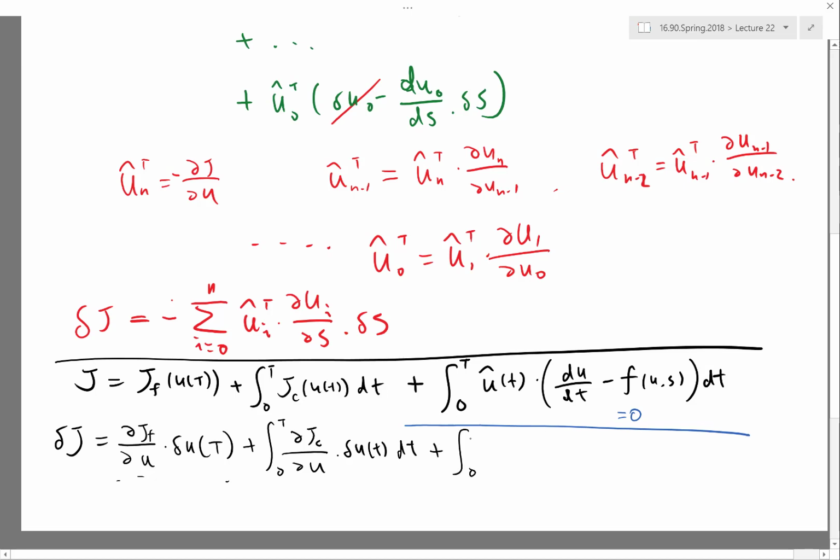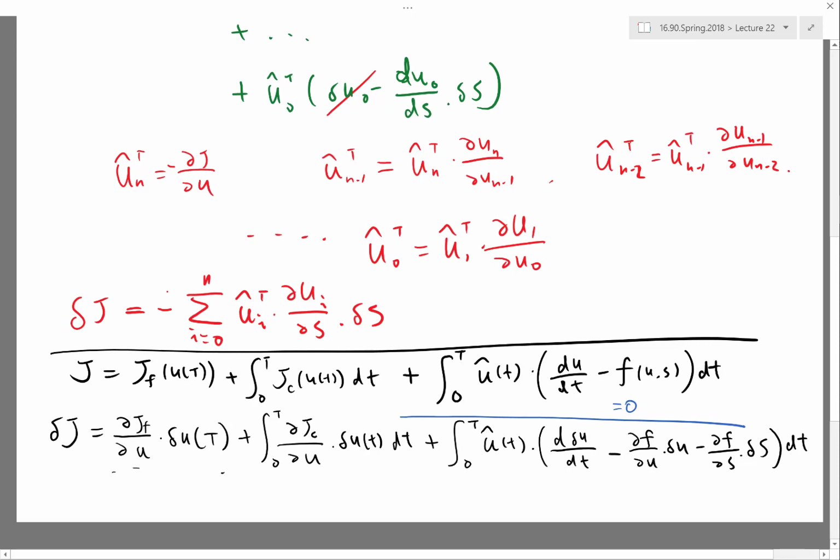And then the term that I added in, which is equal to 0 for any choice of u hat of t, is going to be u hat of t times d delta u/dt minus partial f partial u times delta u minus partial f partial s times delta s.